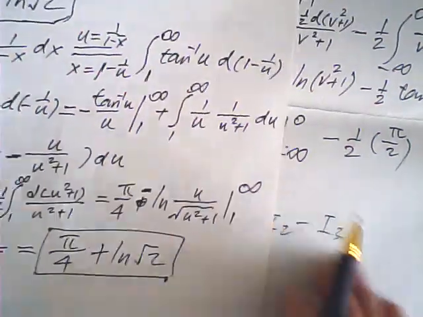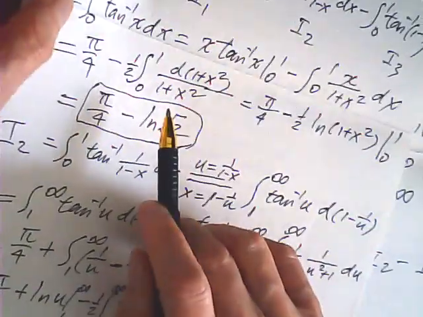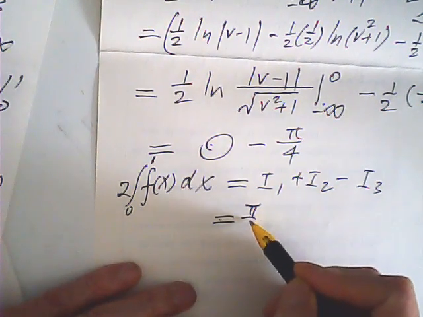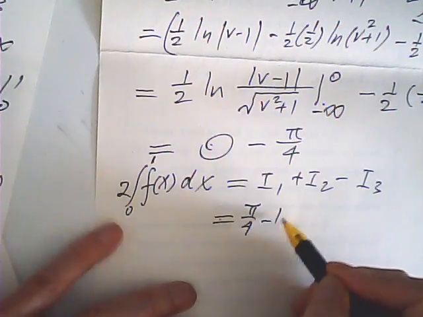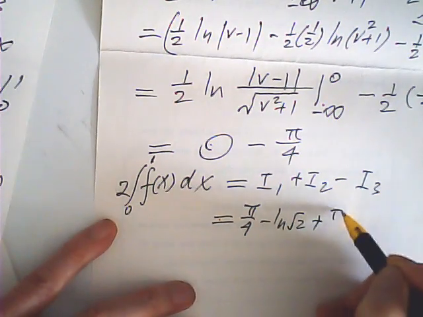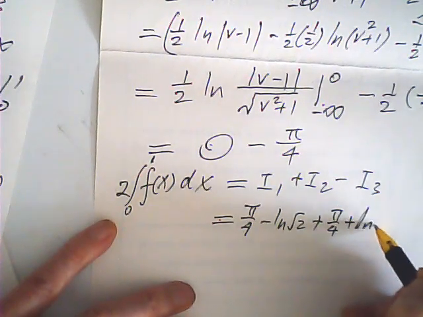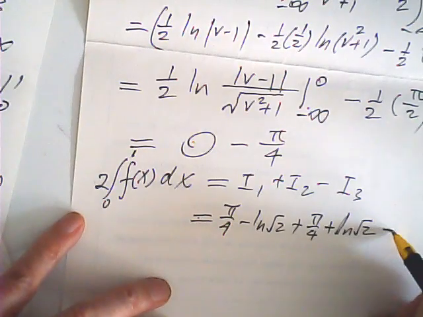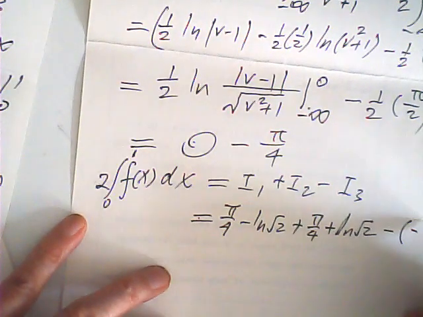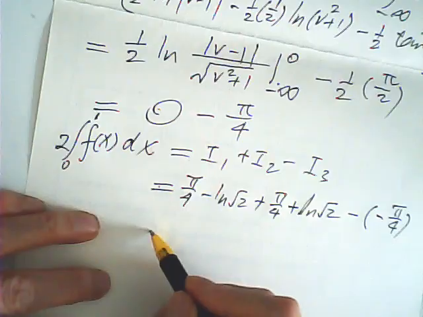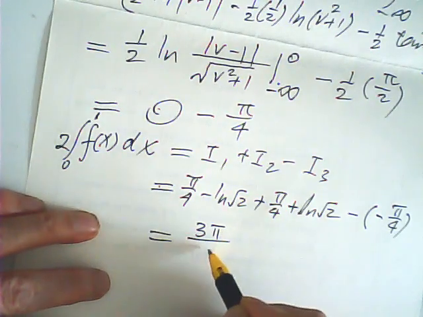This is I1, this is I2, and minus I3. Okay, so finally I get 3 pi over 4.